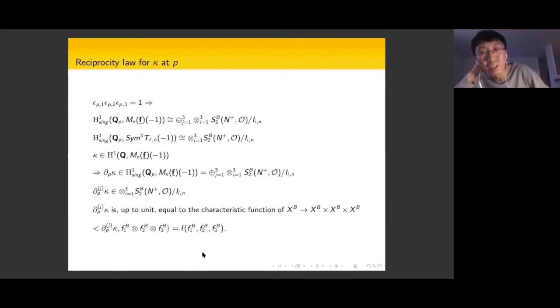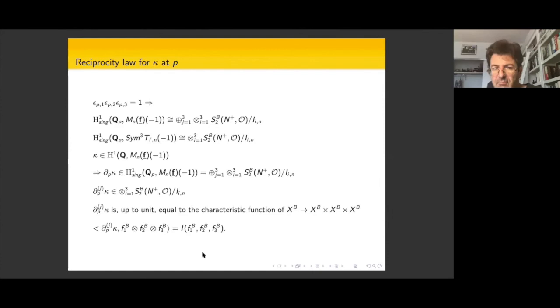Or it reminds you of your result with Roger, where you assume a certain p-adic function doesn't vanish, and you get the rank 2 case of the Birch and Swinnerton-Dyer conjecture for elliptic curves, right? Yeah.